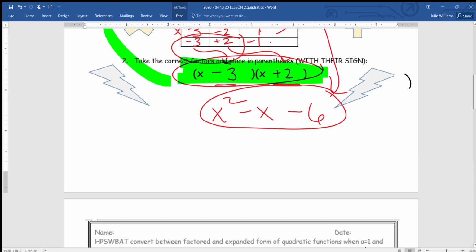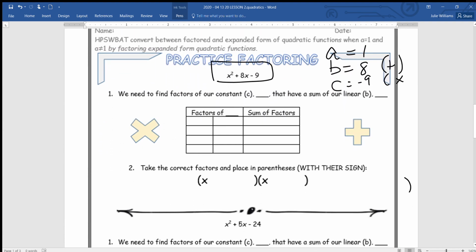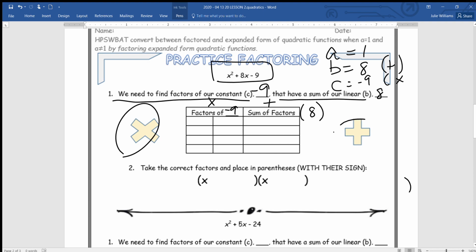Okay, so we need to find factors of our constant, -9, that have a sum of our linear, +8. So again, factors of -9, this is the multiplication, that have a sum of +8, sum.